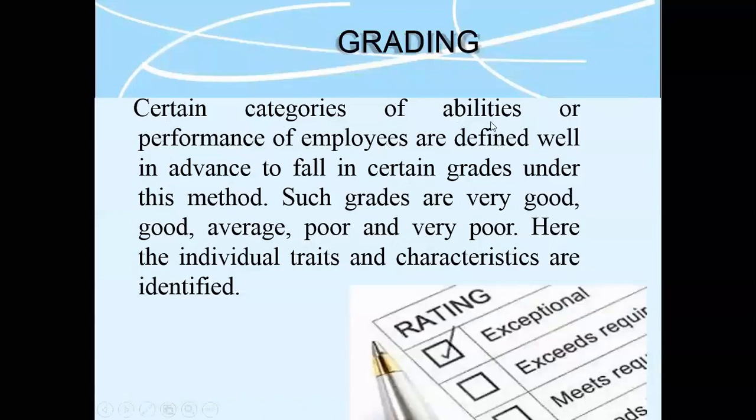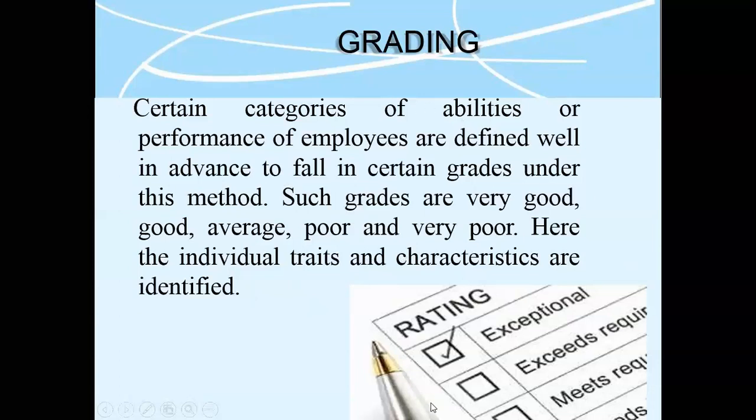Under this method, certain categories of abilities or performance of employees are defined well in advance to fall in certain grades. Such grades are very good, good, average, poor, and very poor. Here, the individual traits and characteristics are identified.